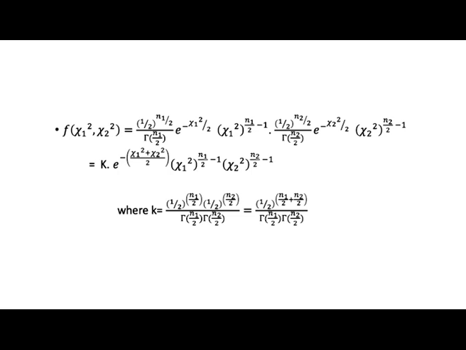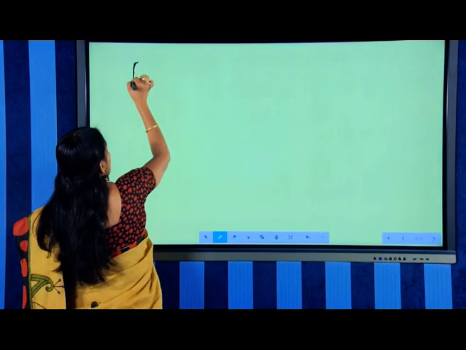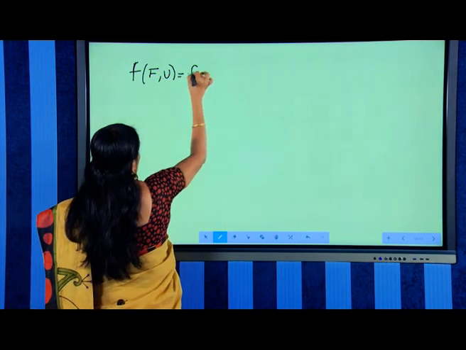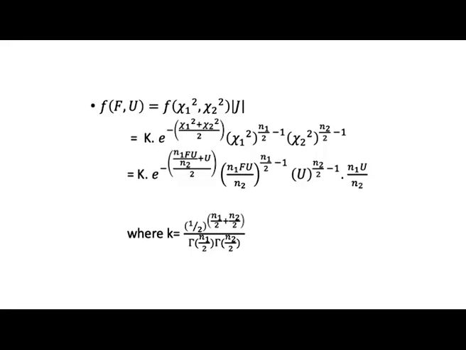Now, the joint density of f u is equal to the density of chi1 square chi2 square into Jacobian, and hence it is equal to constant k into e raised to minus chi1 square plus chi2 square by 2, that is chi1 square is n1 by n2 f into u, chi2 square is u.